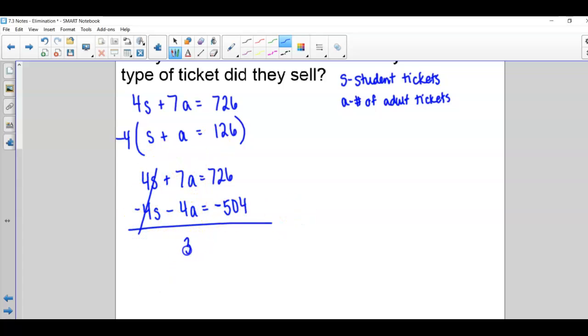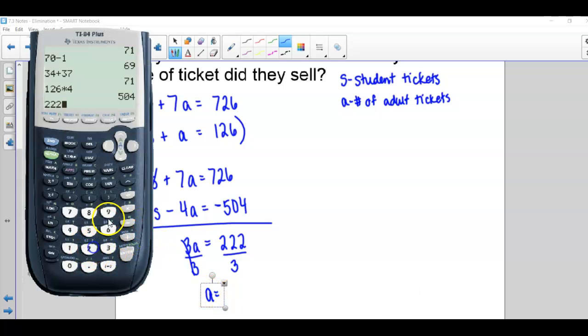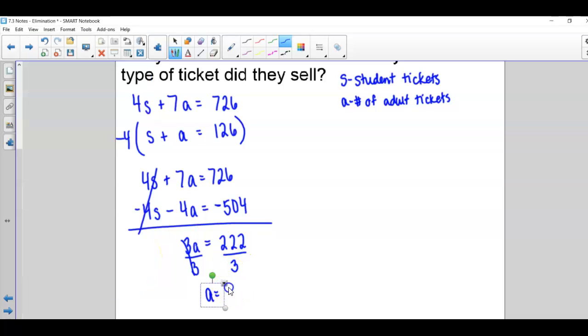Here I get 3A equals, let's see, 222. And then I'm going to divide by 3 to solve for that A. 222 divided by 3, 74. 74 adult tickets.